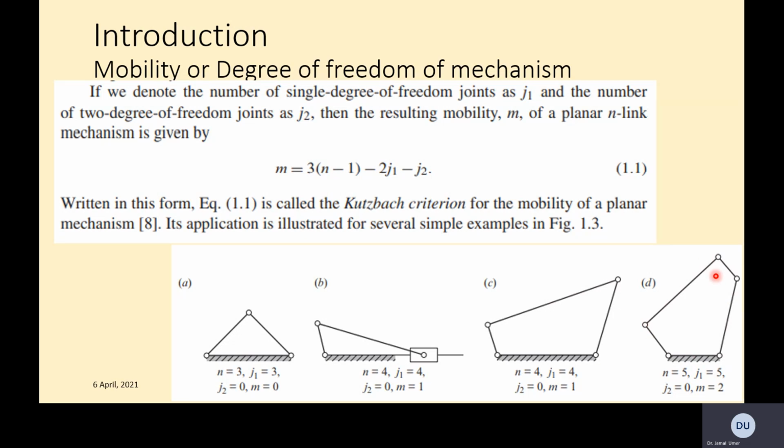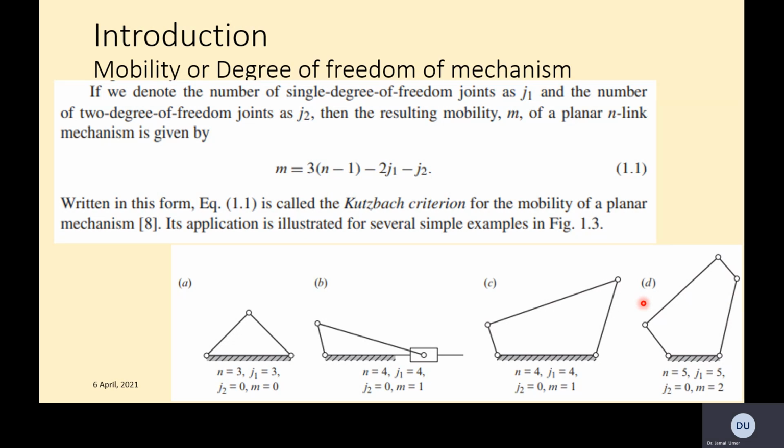If you hold this one and move this one, it has the possibility of double movement, which is not possible in any of these other ones. So mobility is 2 in this case. I haven't seen it, but I think if you Google 5 joint link animations, you might understand quite well how the mobility is 2 here.